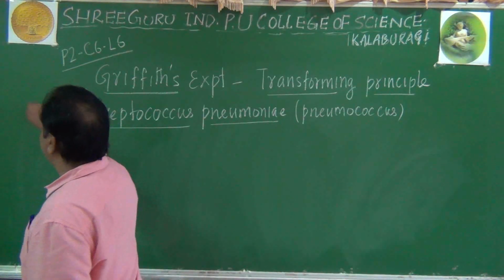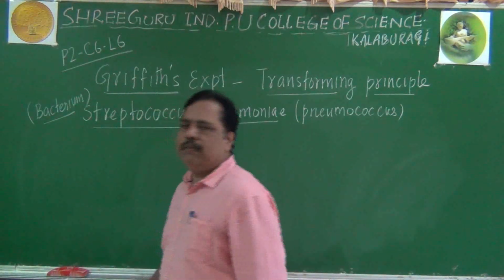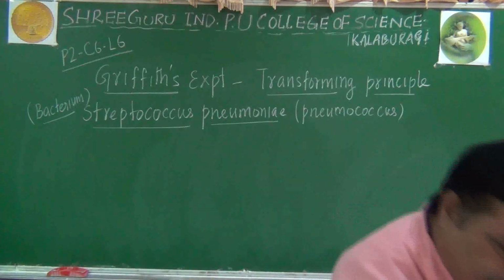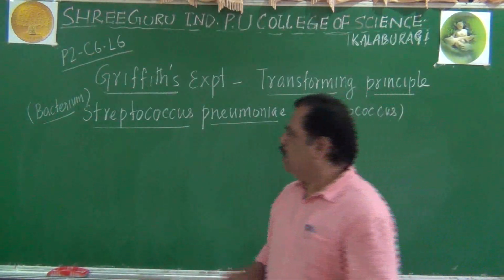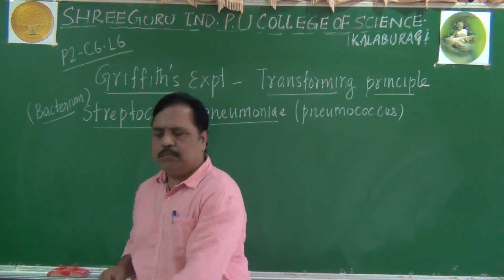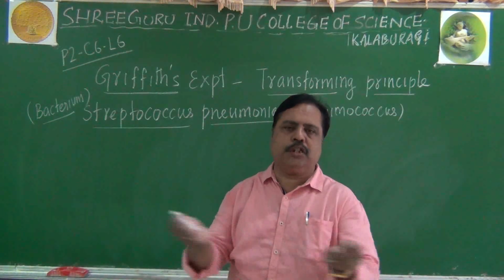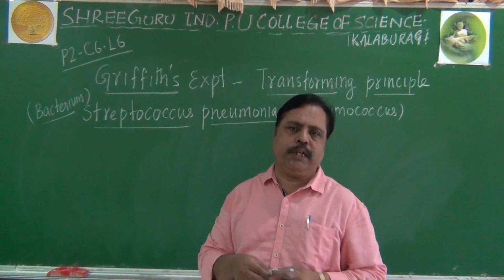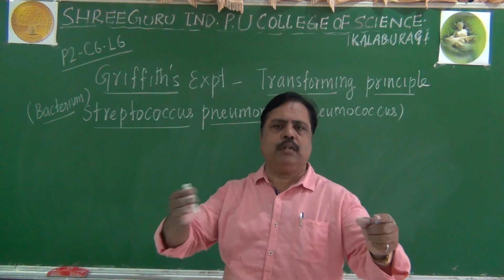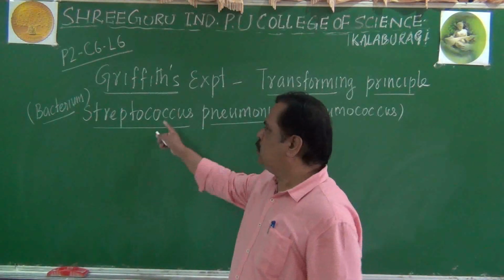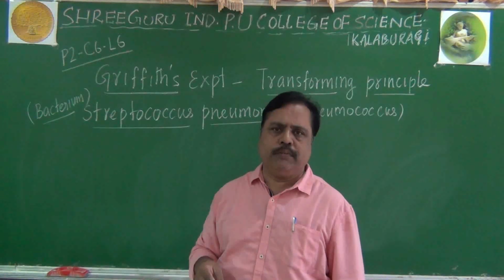What is the experiment done by Griffith? With the help of this bacteria, we have to see. Remember, Griffith came across 2 types of bacteria when he cultured them in the laboratory. He took some nutrient medium and cultured Streptococcus pneumoniae with all precautions.